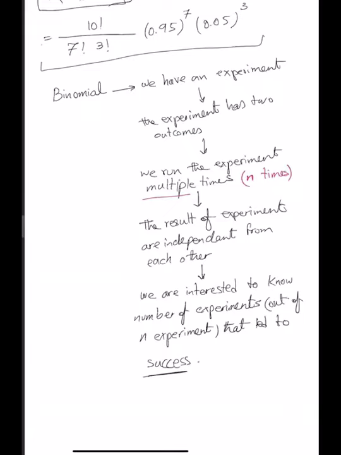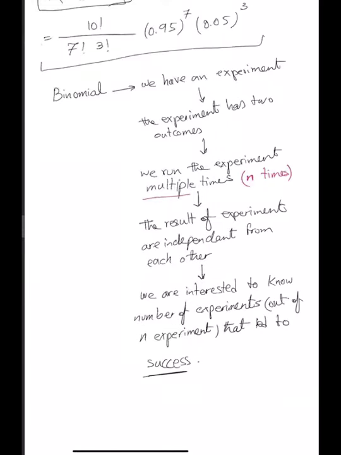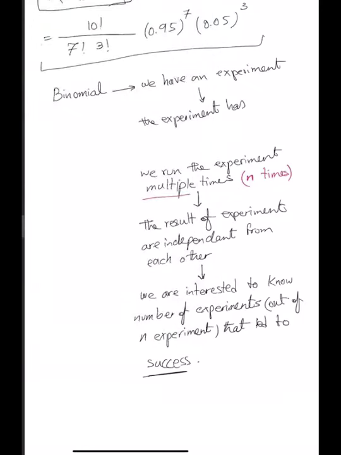When I say they have 2 outcomes, let's write it a better way: each experiment leads to success or failure.